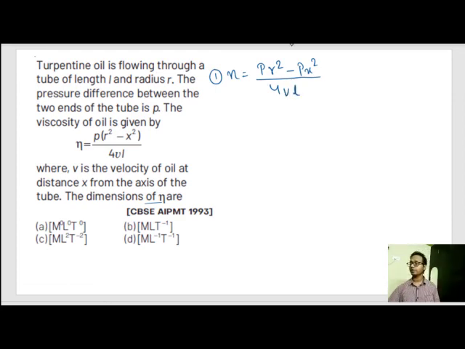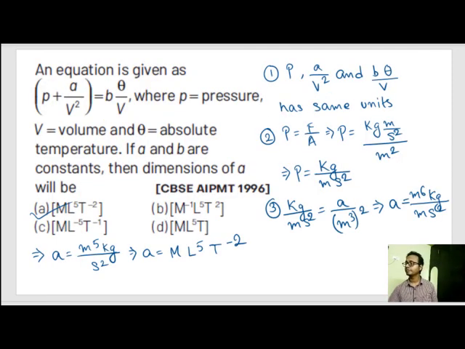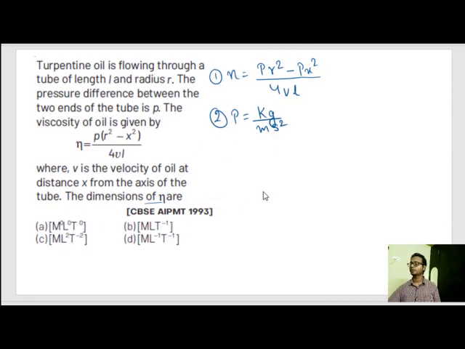Okay. The dimension of pressure is nothing but force by area or kg by meter second square. We have derived a little bit earlier. See, the dimension of pressure is kg per meter second square. This is the dimension of pressure. Now, both this PR square and this Px square have the same units because they are subtracted.